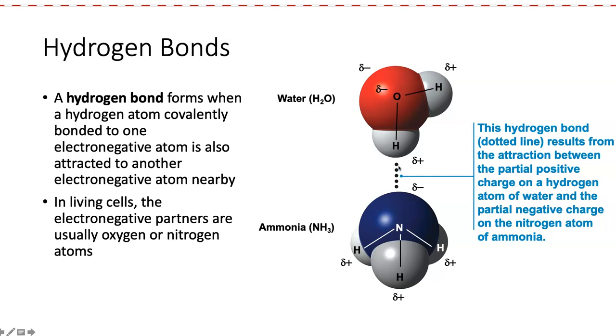So this dotted line right here is indicating the weak chemical interaction between this slightly positively charged hydrogen atom of water and this slightly negatively charged atom of ammonia, nitrogen being more electronegative than the hydrogen atoms in this ammonia molecule. So they're attracted to each other. That's called a hydrogen bond, and we'll be talking a lot about hydrogen bonds in this class. They're very important.